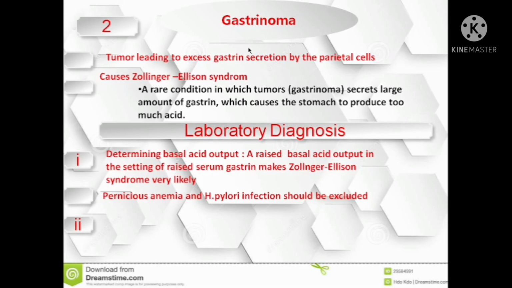Zollinger-Ellison syndrome is basically a rare condition where tumors, which is gastrinoma, secrete large amounts of gastrin, which causes the stomach to produce too much acid.